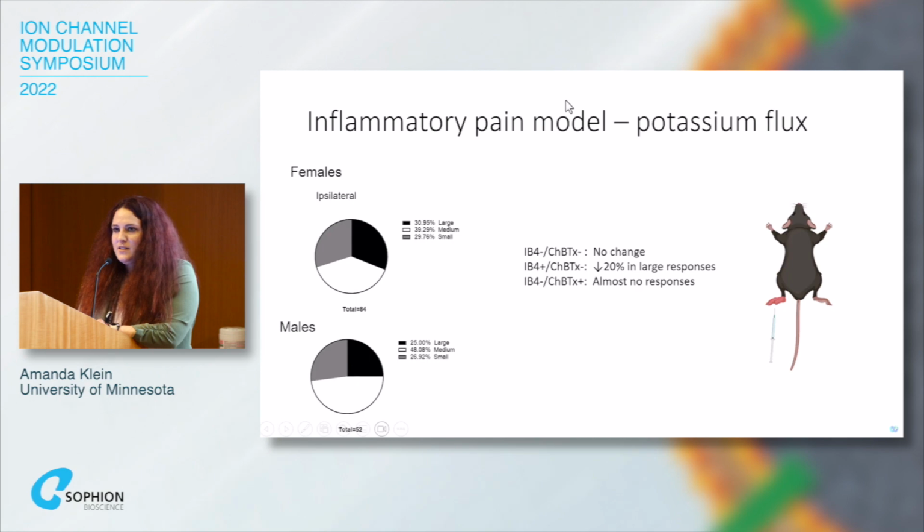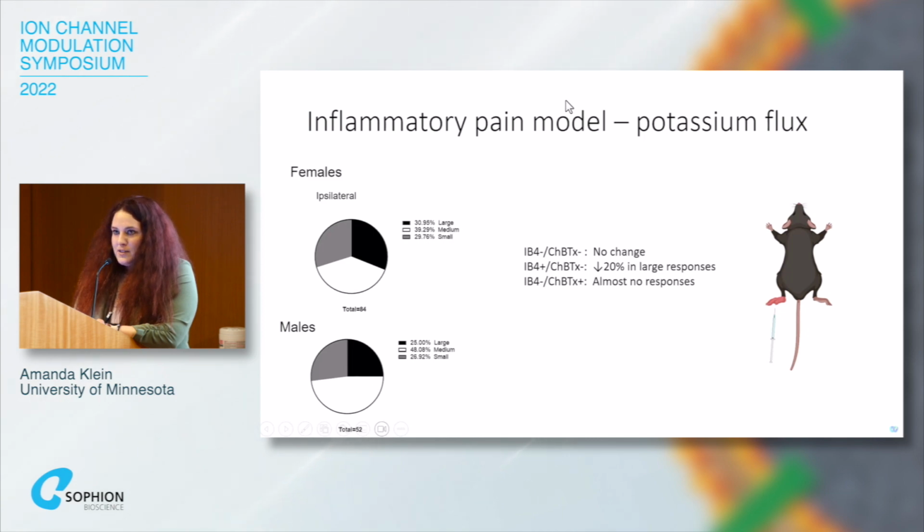We've been testing this using inflammatory pain models, largely CFA injected animals, and I don't want to show you a bunch of pie charts because that's probably super boring. To summarize, in the IB4 negative and cholera toxin B negative population of neurons, which are presumably peptidergic C fibers, we didn't see any change in the number of large potassium responses.